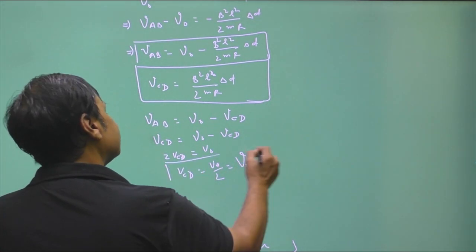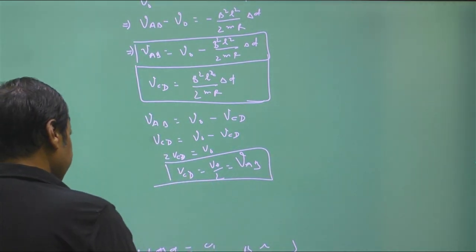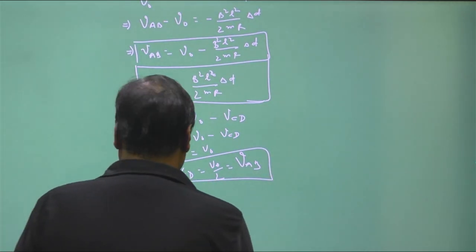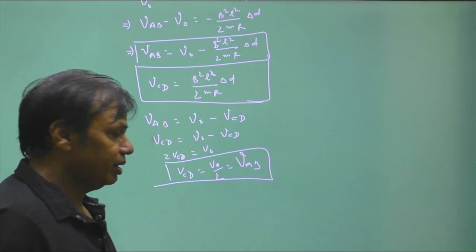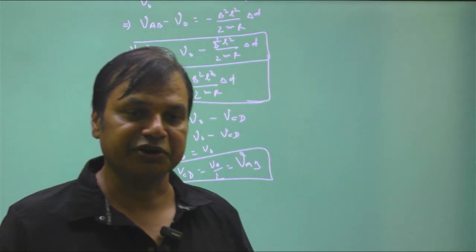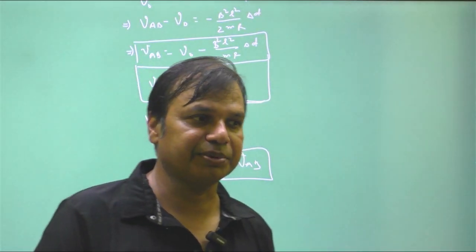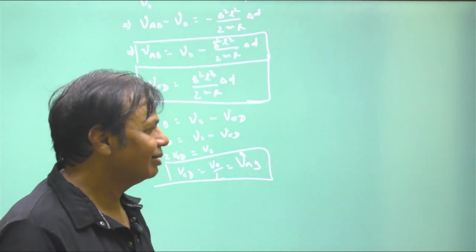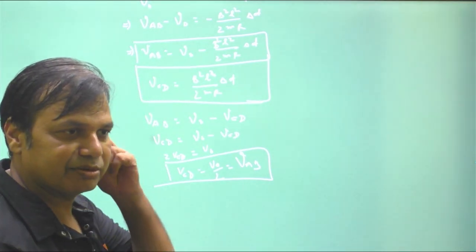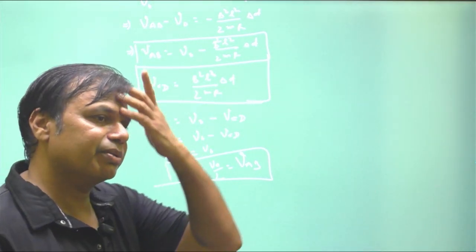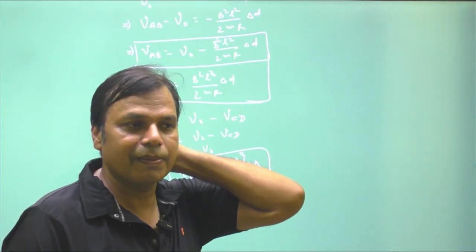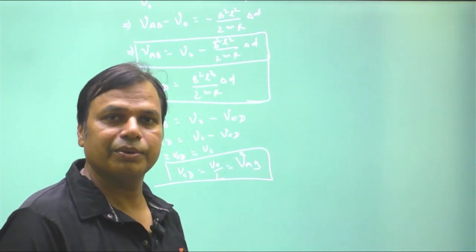So finally, they are going to have velocities of V naught by 2 each. The world is beautiful. Good. Too many symmetries. So their velocity will become V naught by 2.